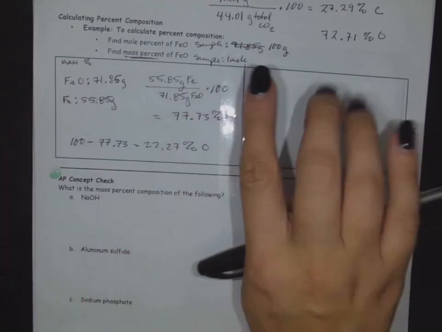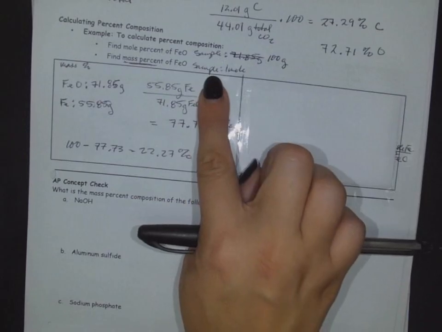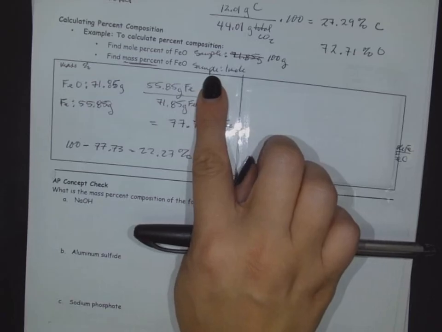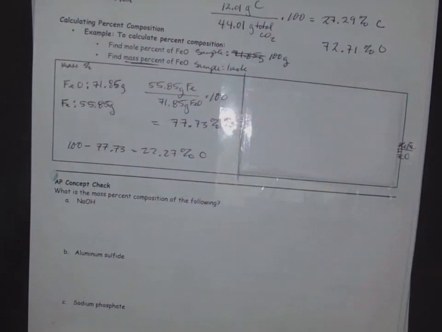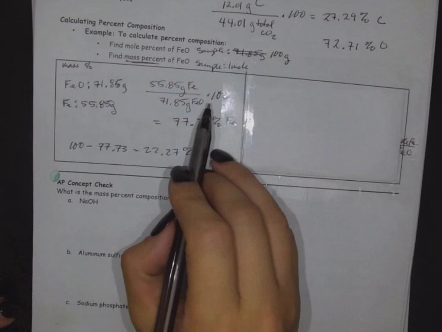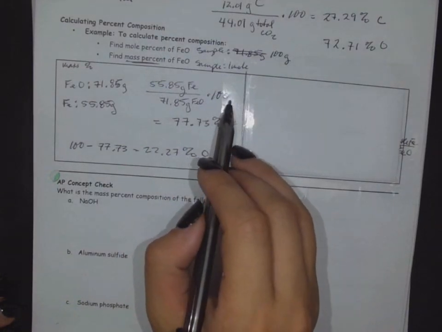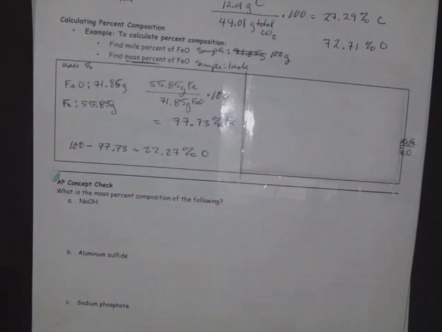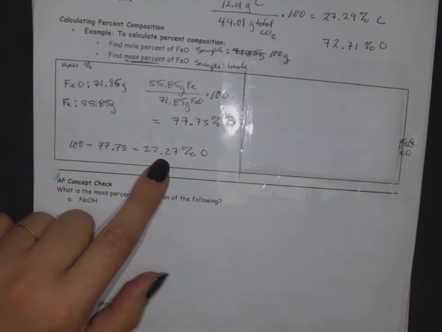If you did that without multiplying by 100, this would be a fractional component, 0.77, the fractional component of iron within iron oxide by mass. But to turn that into a percentage, I multiply it by 100. And so of this total, 77.73% of it is iron. And like we did before, if there are only two things, iron and oxygen, then the remainder of that percentage has to be the oxygen.